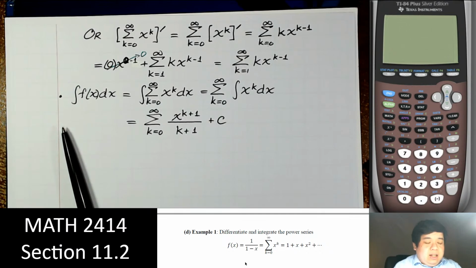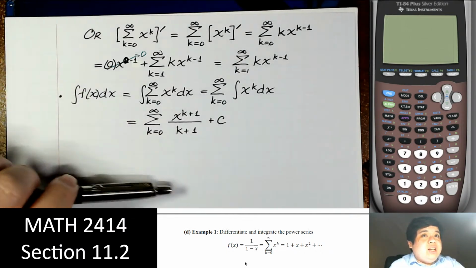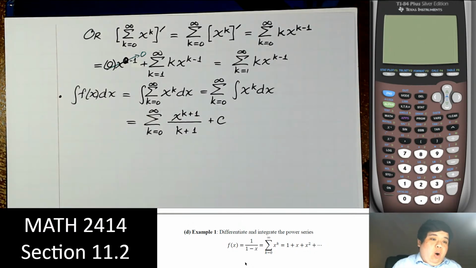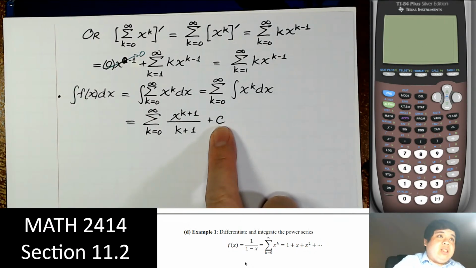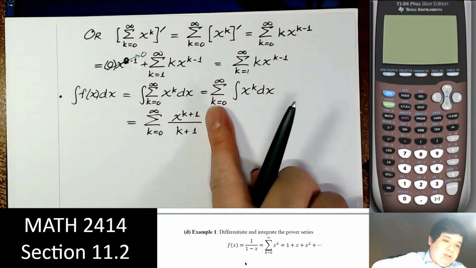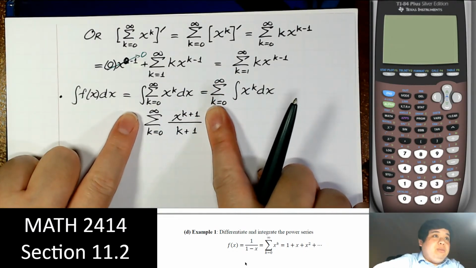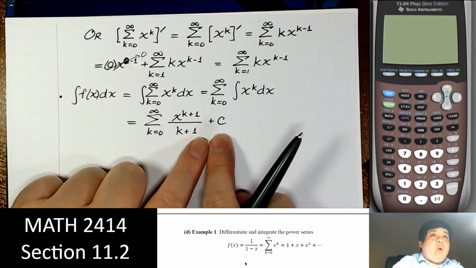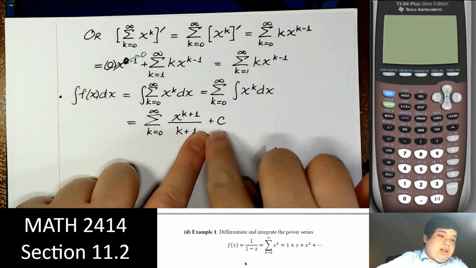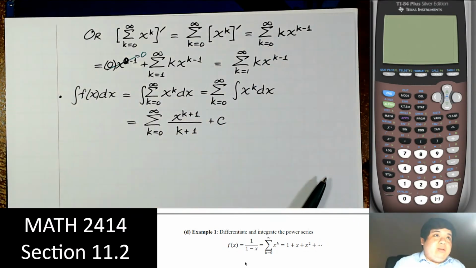And that constant c applies to each one of them and to all of them, so it doesn't matter. The constant c here is outside of the sum though. Yeah, because when we integrate we only need one constant at the end, so that is the summation. The constant c is not inside the summation.